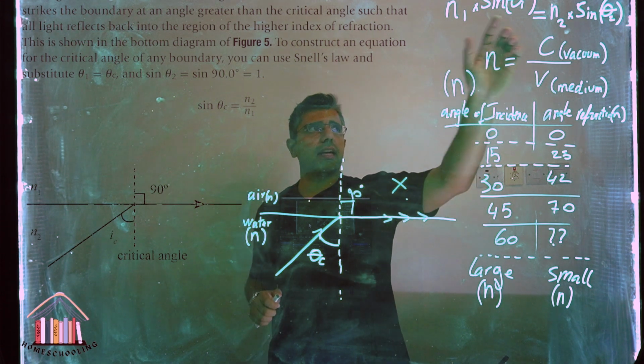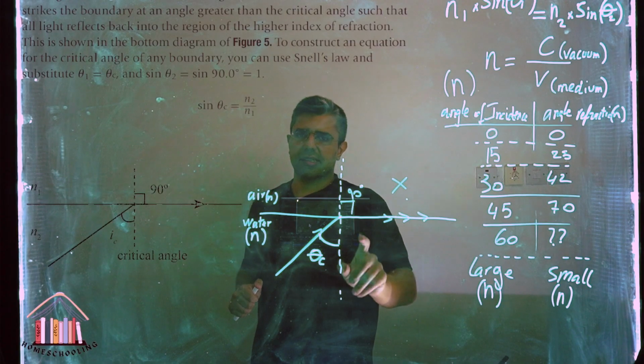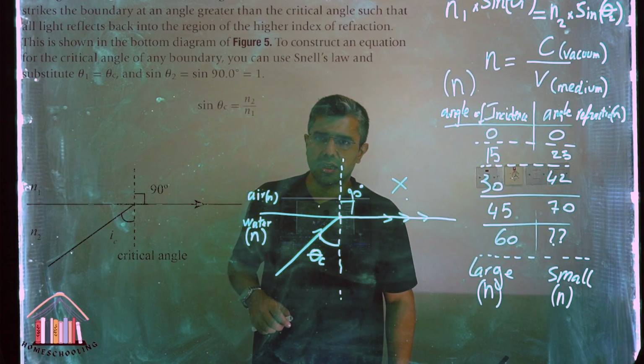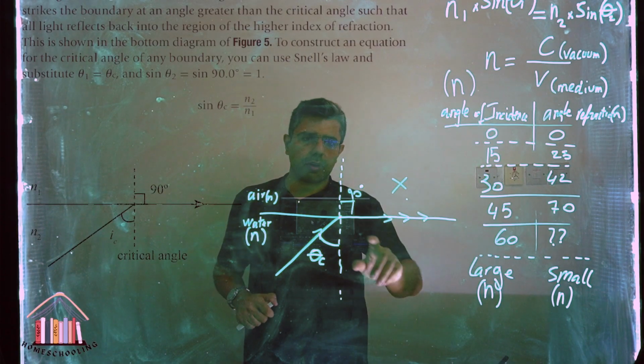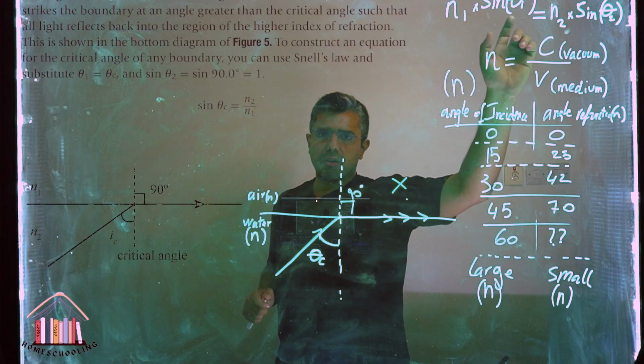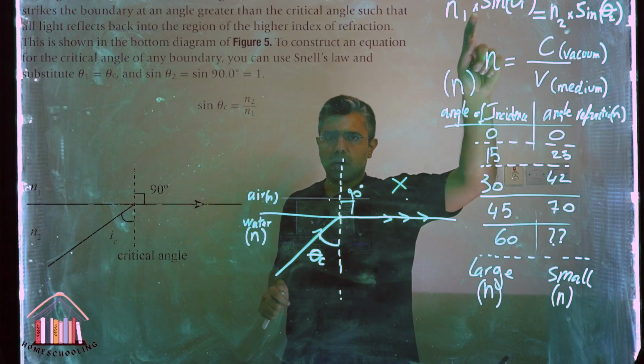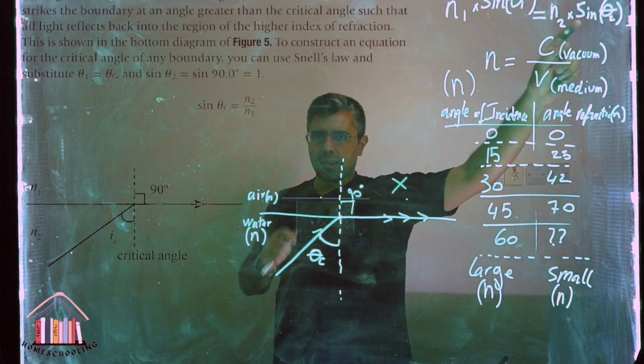If we would like to apply Snell's law in this case, n1 sine theta 1 equals n2 sine theta 2.